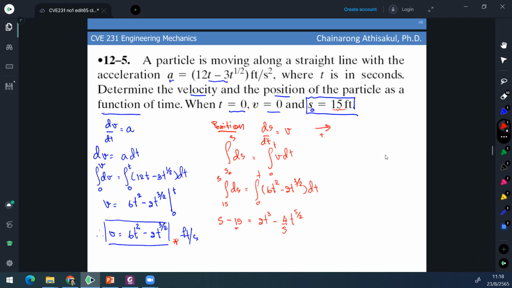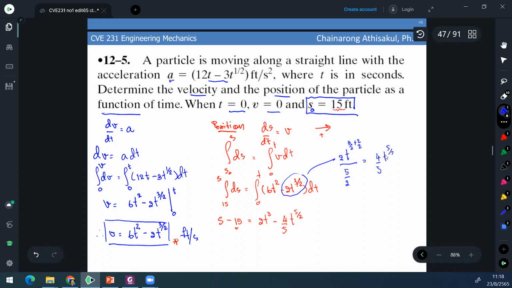This is the calculus. We integrate this term, it becomes t power 3 over 2 plus 1, that is, divided by 3 over 2 plus 1, which becomes 5 over 2. So it becomes 4 over 5 t power 5 over 2.